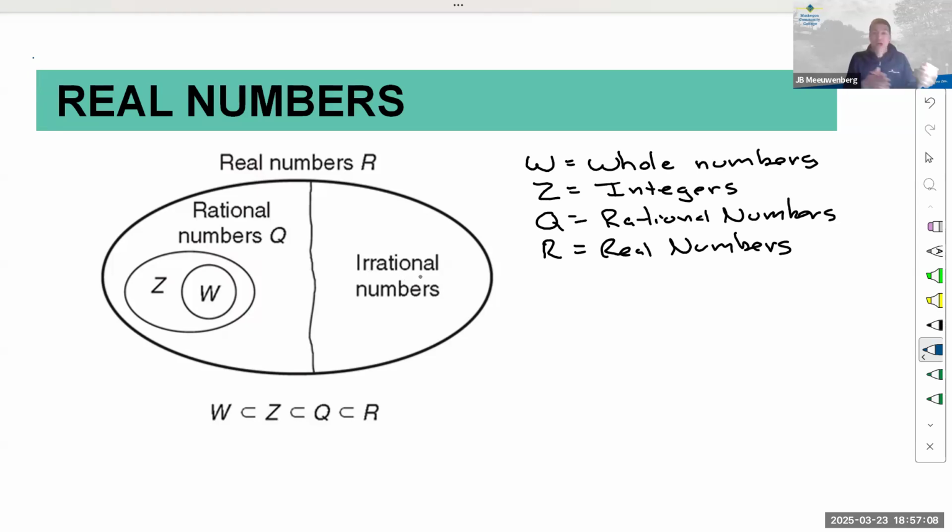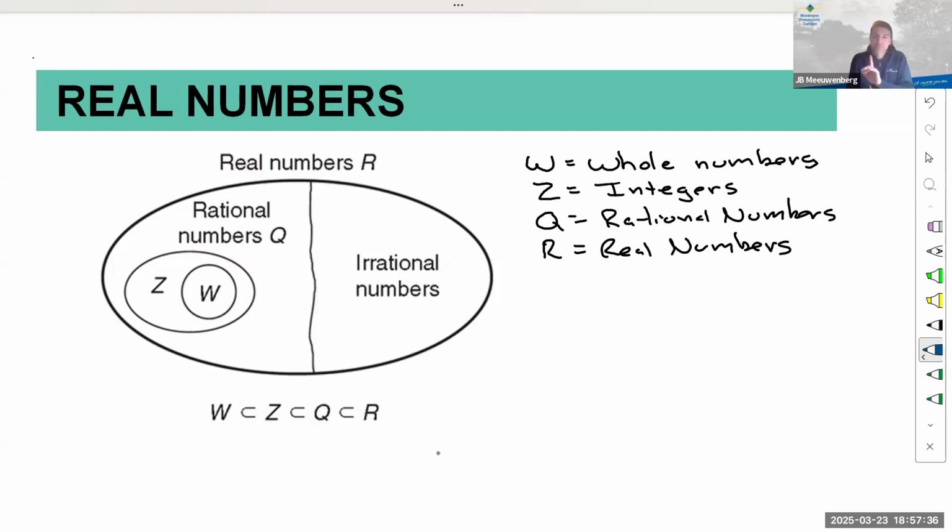They're numbers that are not rational, can't be written as fractions. And now we have this new one, real numbers. Those include every possible number that could be found with a line segment or represented with a number on a line. It's rationals and irrationals combined. It's everything. W is whole numbers, Z is integers, Q is rational numbers, and R is real numbers.